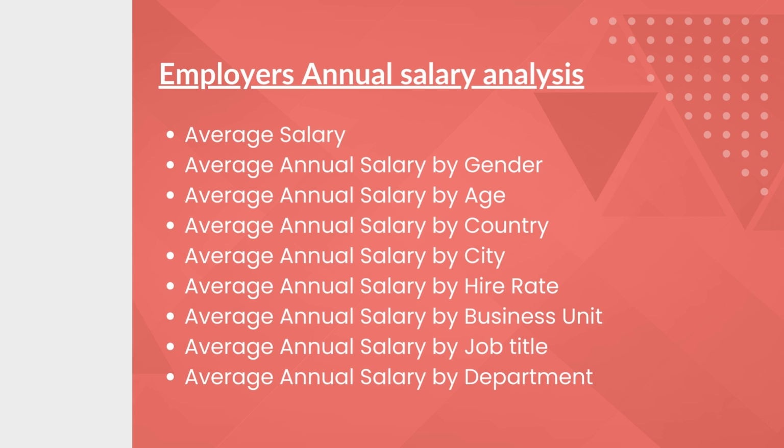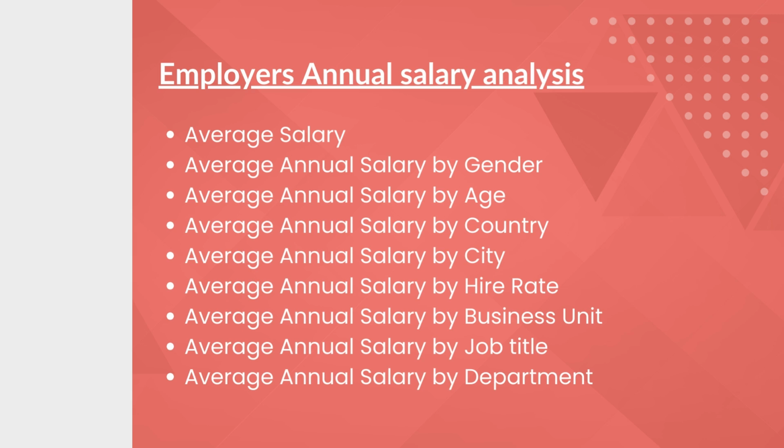And I want to visualize average annual salary by country, like which country has a higher average annual salary, and then average annual salary by city, like which city has a higher average annual salary, and then average annual salary by hire date.